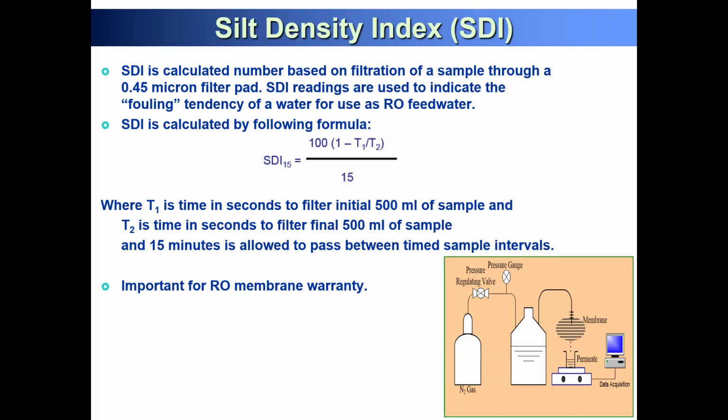So we need to give this information: we have a good pre-treatment method and our SDI value is less than 3, or 1. So it's good enough to feed reverse osmosis, because the water flow channel in reverse osmosis is very thin, around 0.5 centimeter.